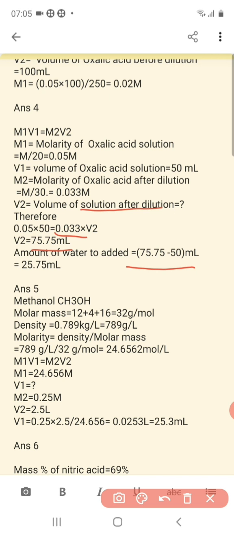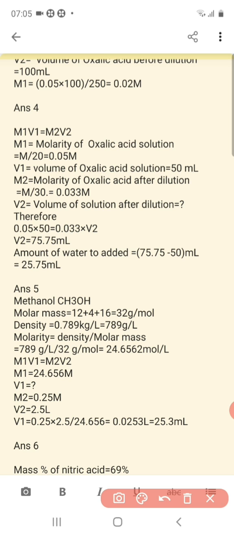So 75 minus 50 will give you 25 ml as the answer. So the volume of water you have to add to 50 ml of M by 20 oxalic acid solution so that it is diluted to M by 30 is 25 ml.